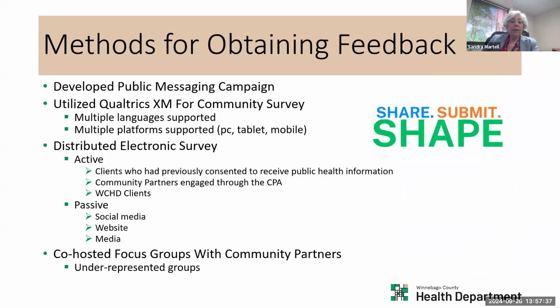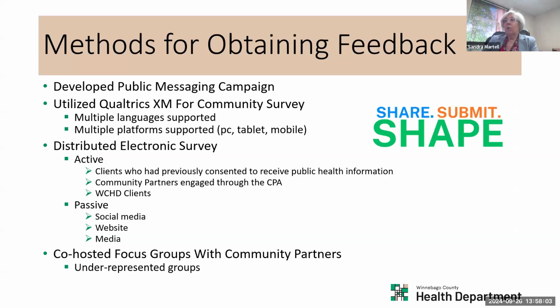So what were our methods? We knew we had to develop a public messaging campaign, and ours was share, submit, and shape. We used Qualtrics for the community survey. It supported multiple languages and multiple platforms. Now, there are some downsides. We also knew we might have to do some additional paper and things like that, but we did a couple of things.